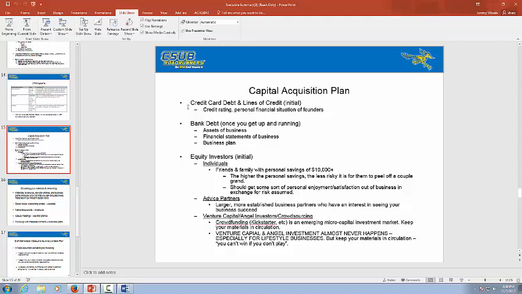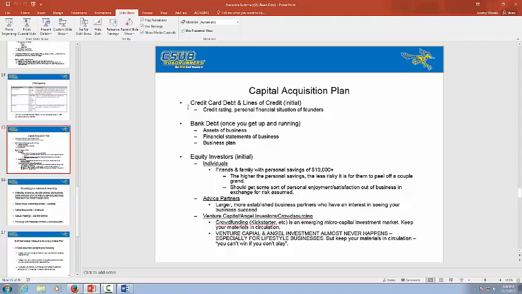So there's a couple of main sources of capital for any new business startup. One is credit card debt and lines of credit. A lot of times people will finance a new business by running up charges on a credit card or getting a line of credit with the bank and taking out credit on that line of credit to buy things and pay for things that you need for the business.